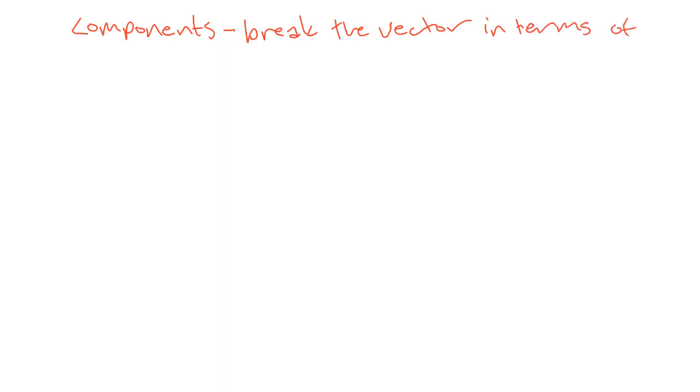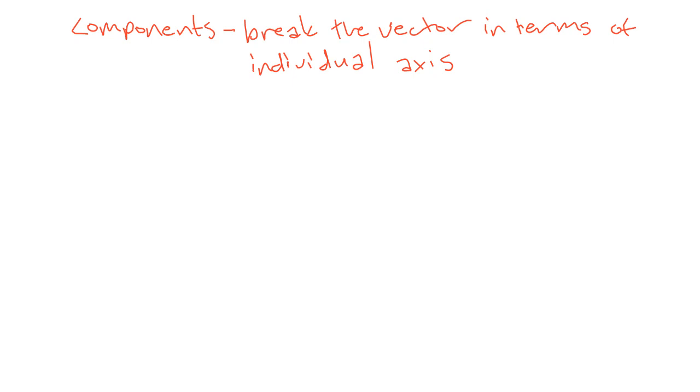Essentially, components break down the vector in terms of each individual axis. Vectors can be in any amount of space: 3D, 2D, 4D, 5D, as much as you want. We only care about 2D and 3D right now.